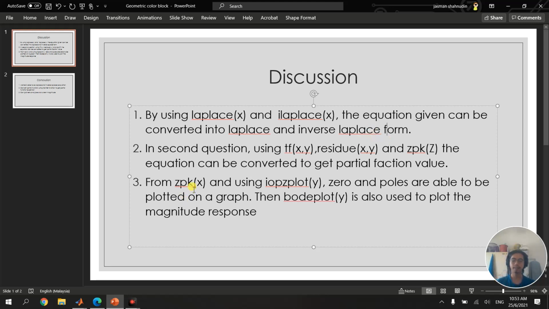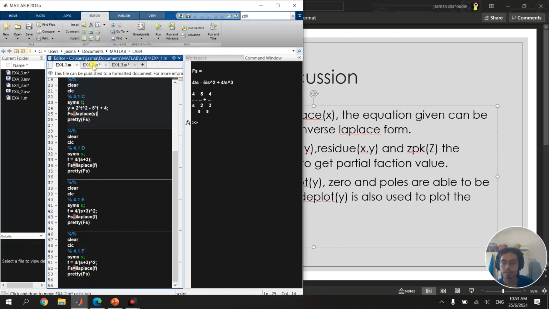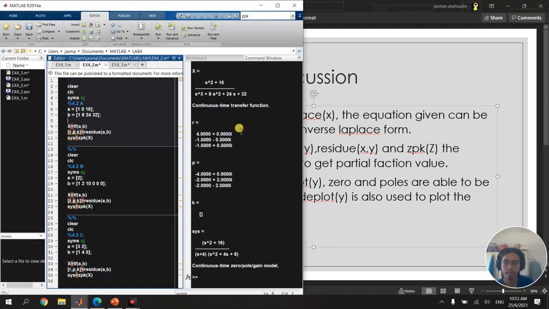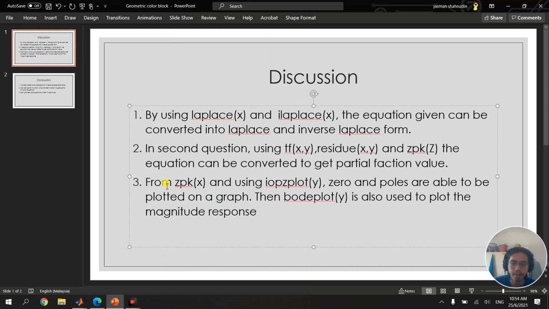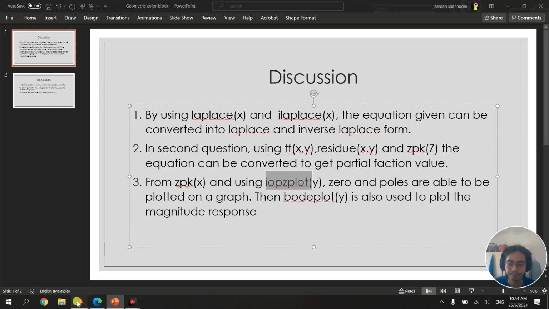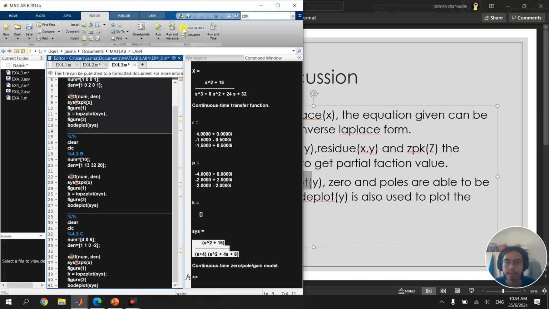And then in the second question, by using the transfer function tf(x,y), residue(x,y) and zpk, the equation can be converted to get the partial fraction values, which is here. Then finally, for zpk(x), using the iopzplot, zeros and poles are able to be plotted on a graph. Then plot y is also used to plot the magnitude response, which is under question 3. We can clearly see.